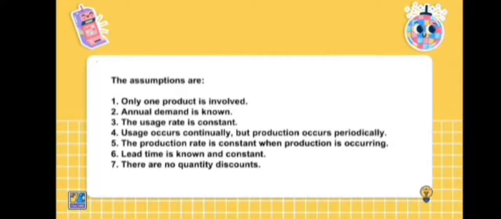Second, annual demand is known. Third, the usage rate is constant. Fourth, usage occurs continually, but production occurs periodically. Fifth, the production rate is constant when production is occurring. Sixth, lead time is known and constant. Seventh, there are no quantity discounts.